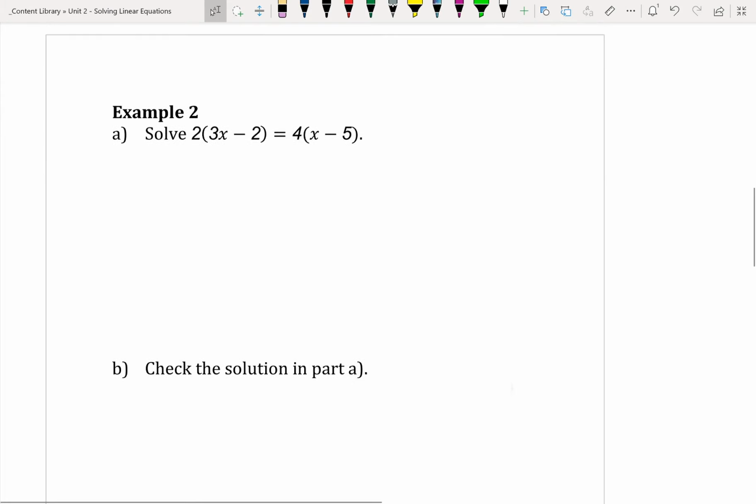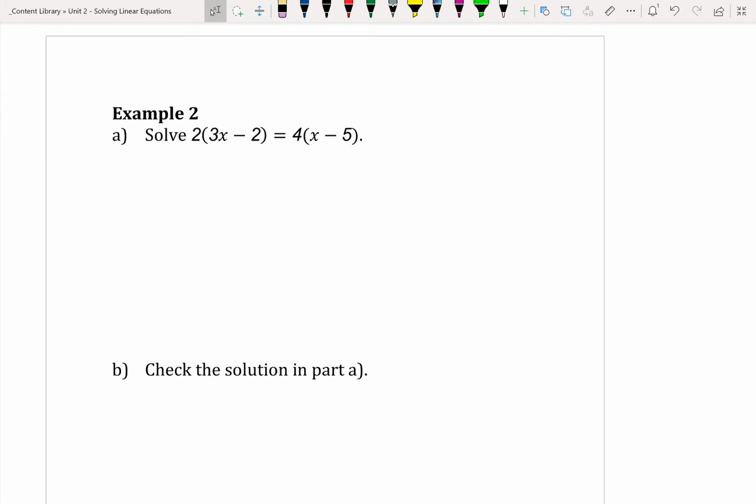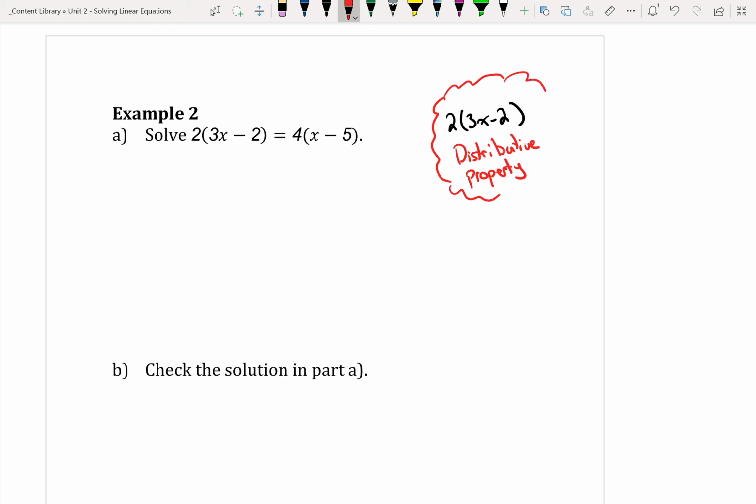Example 2 is the same idea except there's one extra step. What we can see is, I'll write an example on the side, 2 times 3x minus 2. This is an example of the distributive property.